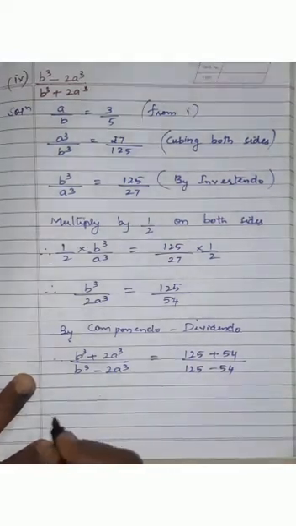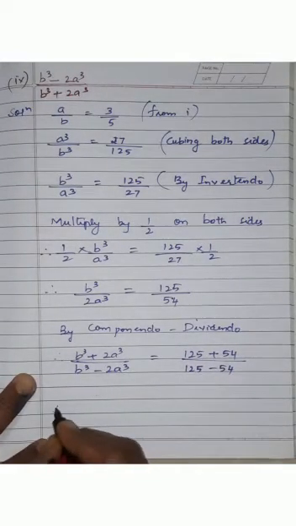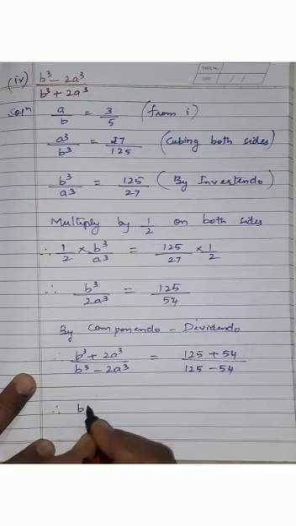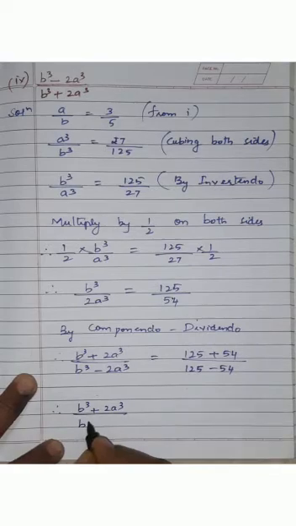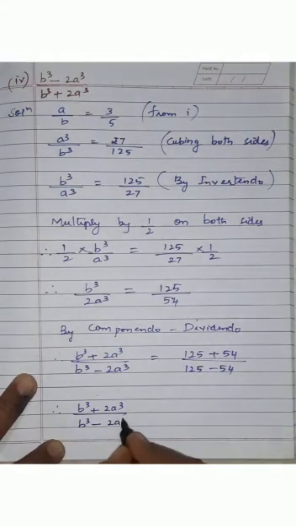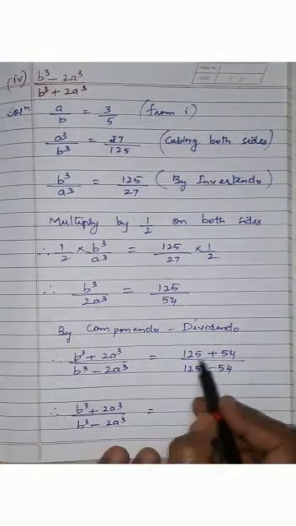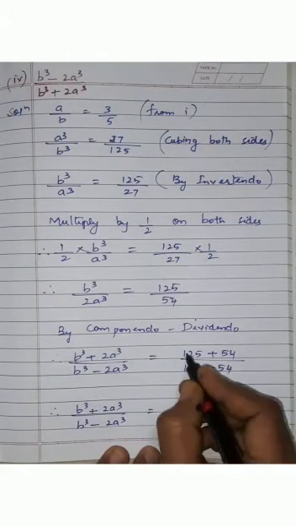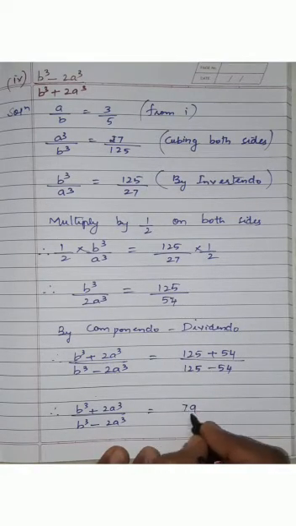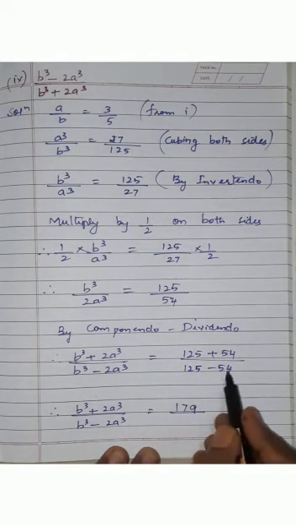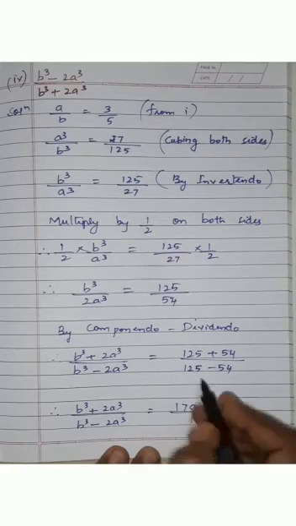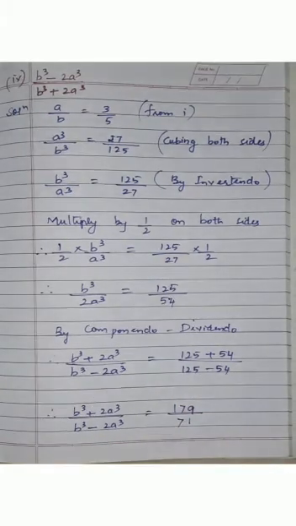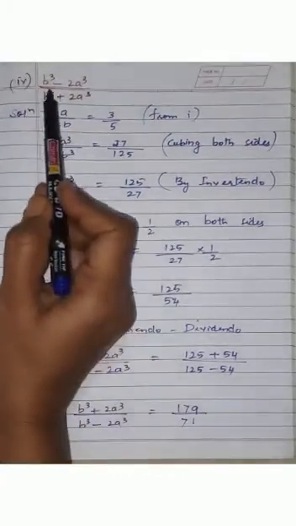Okay, children, now let's get the value. 125 plus 54 is 179. And 125 minus 54 is how much? It is 71.